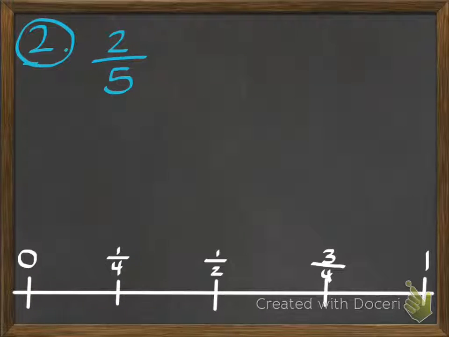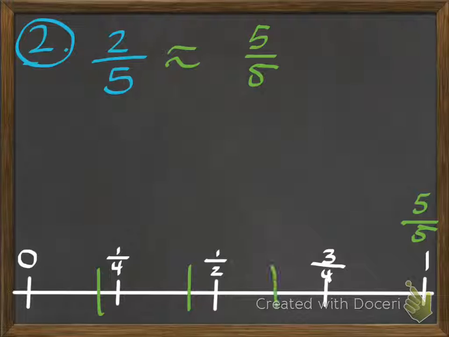Let's try number 2 together. 2/5. Where would you put that on the number line? Well, let's see here. I know that 2/5, I know that 5/5 equals 1, and if 5/5 equals 1, I'd have 5/5 over here, and that means that I'd have like 1, 2, 3, 4, 5 sections there. 1/5 would be about here, so 2/5 might be about there.